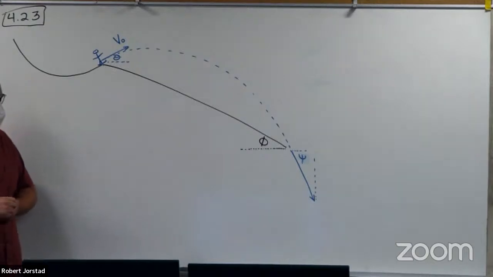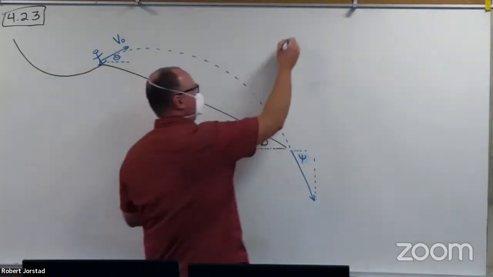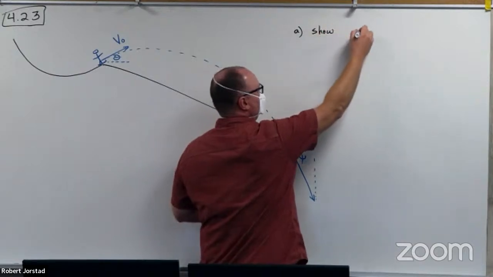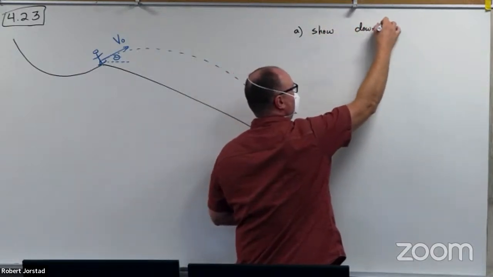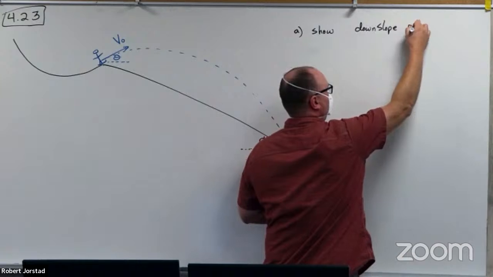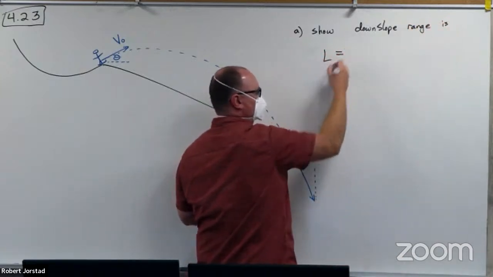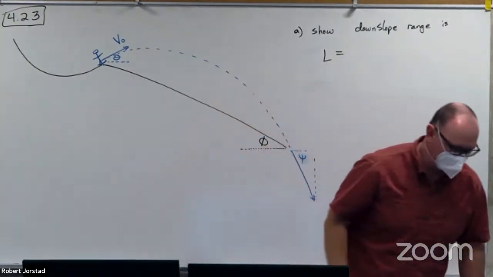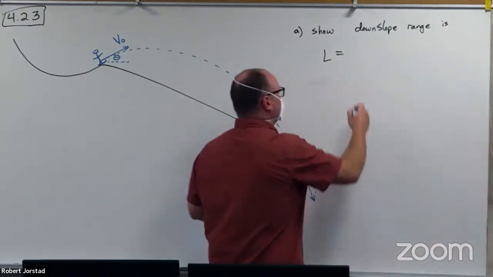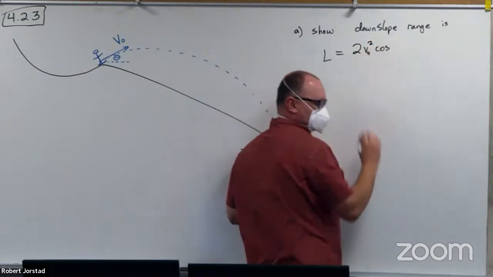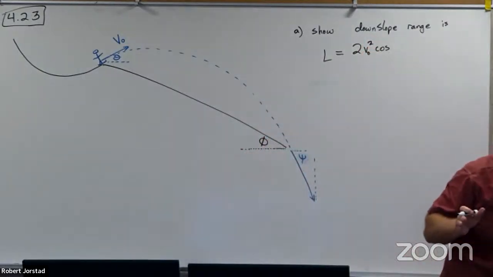And our goal here is the following. Part A, we want to show downslope range is L equals some big ugly equation here. I'm going to write it down. 2 V squared cosine, I got to be careful here, thetas and phis.